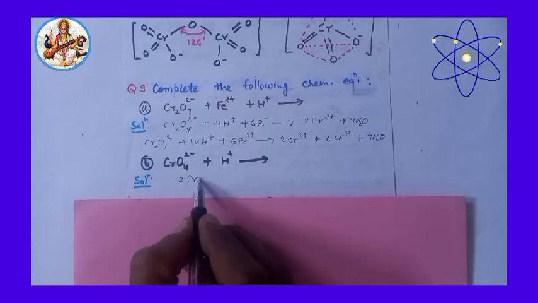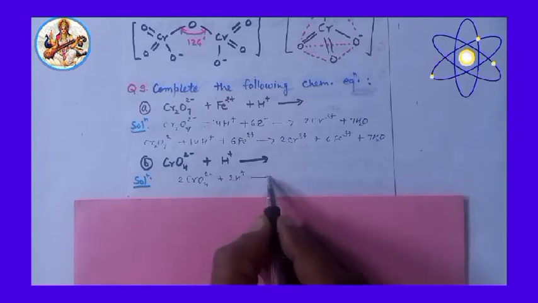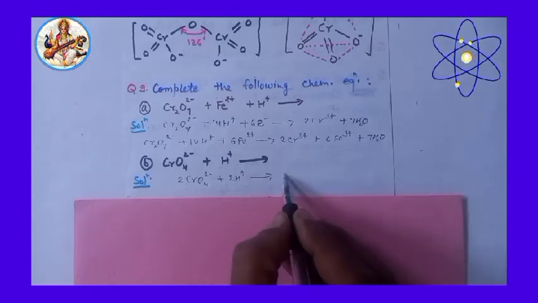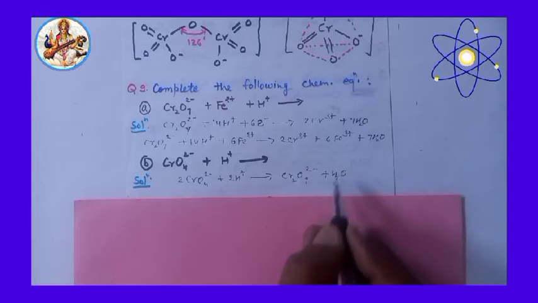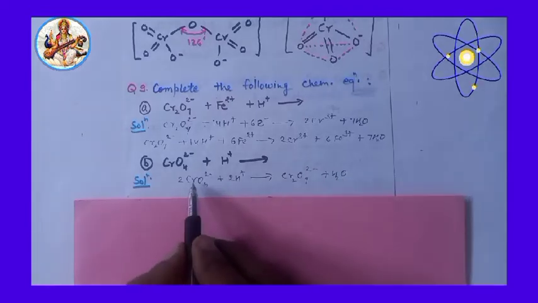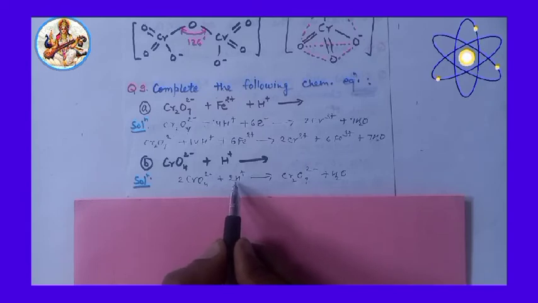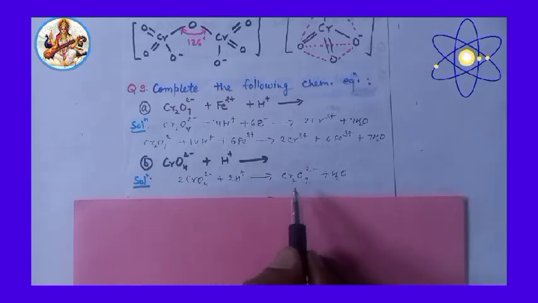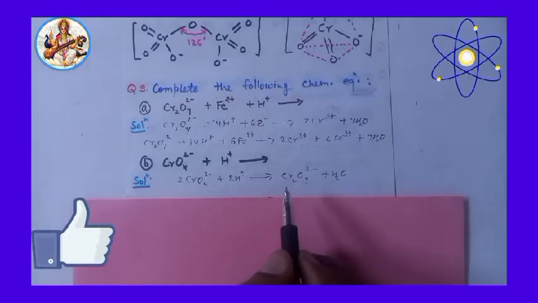Very important. So, the chemical equation is. I repeat, the chromate ions on addition of acid change into dichromate ions. Very important.